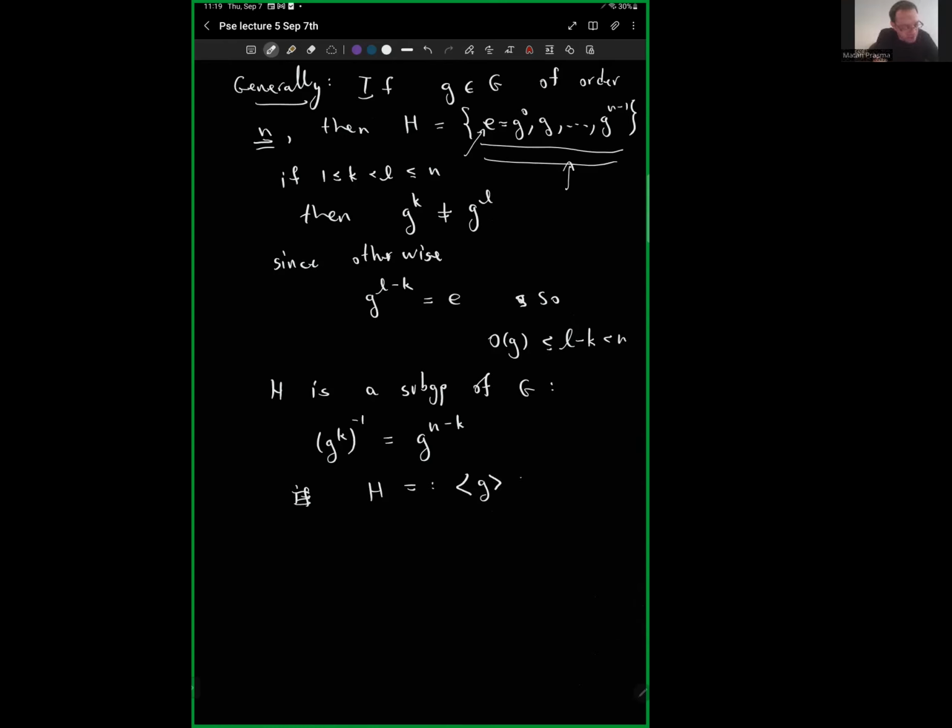This is the collection of all powers of g.